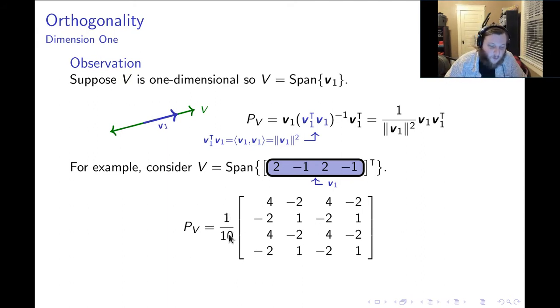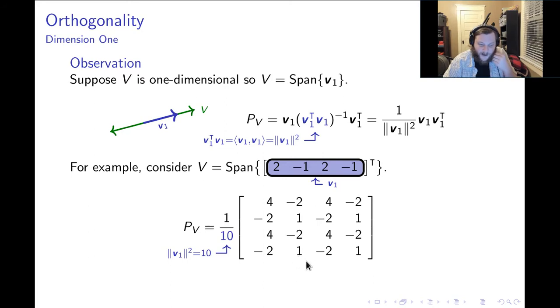Well, I'm taking 1 divided by 10. And the thing to notice here is that 10 is the length squared of this vector. 2 squared, which is 4, plus -1 squared, which is 1, so that's 5, plus 2 squared, which is 4, so that's 9, plus -1 squared, which is 1, that's 10. So we're taking 1 and dividing by the length of my basis vector squared, which is 10.